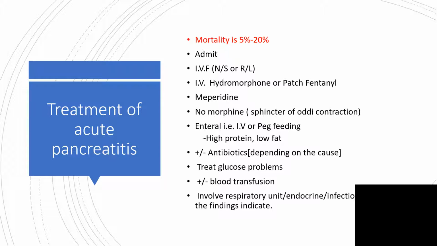If you are suspecting that respiratory problem is in trouble, involve respiratory unit. Endocrine unit, because the pancreas is in trouble, the insulin is in trouble, glucose metabolism is impaired. Infectious unit, if you think this is mumps, coxsackie, adenovirus, legionella, or HIV, and so on and so forth. So involve every unit that you think will play good roles in helping this human being go back home on time.